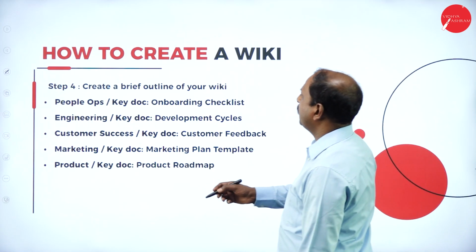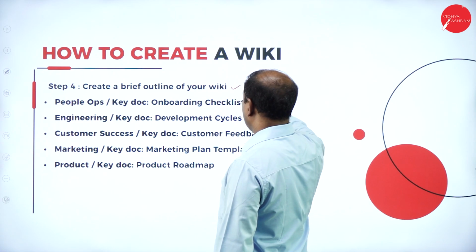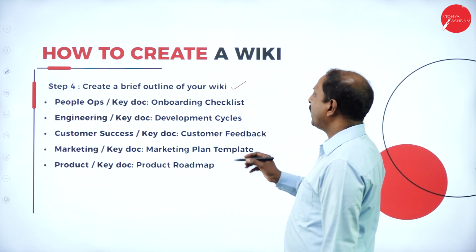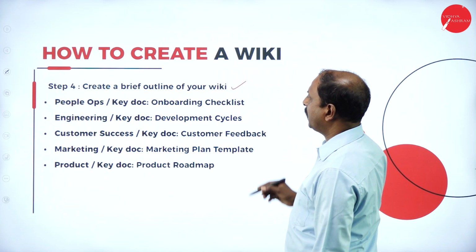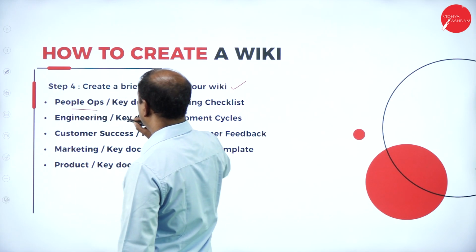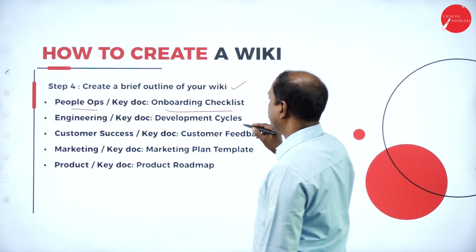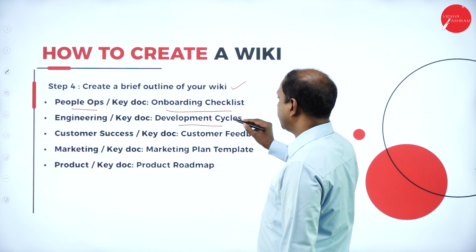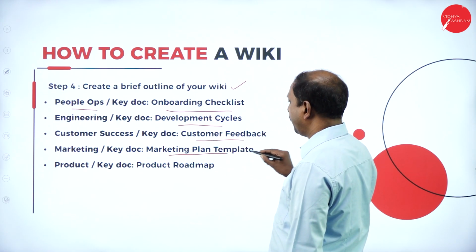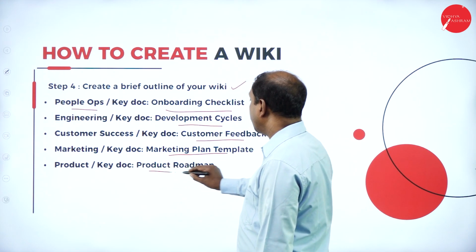Next is to create a brief outline of your wiki. This is before you upload to our wiki site. We have to have a brief outline of the wiki, and it consists of people operations for onboarding, checklists and development cycles, customer feedback, marketing plans and templates, and the product roadmap.